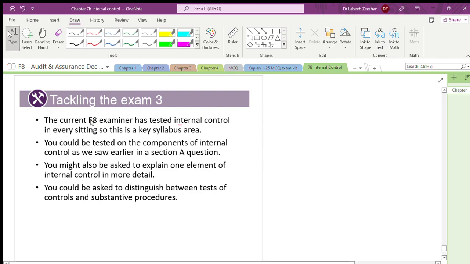Understand why? Every time it has been tested. You could be tested on the components of internal control in section A, or asked to explain elements of internal control, or the difference between tests of controls and substantive procedures.